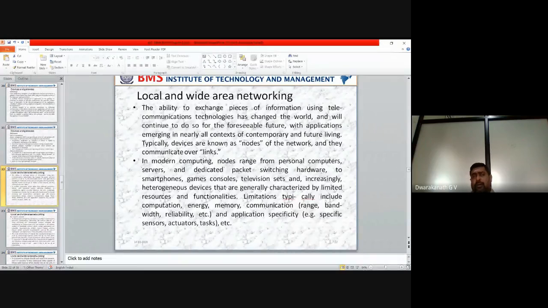Imagine such a vast area, these many kilometers: how many sensors should we place, at what spacing? Presently, sensors can communicate within a 40 to 50 meter range. So how can we do this, and how can these things be solved?